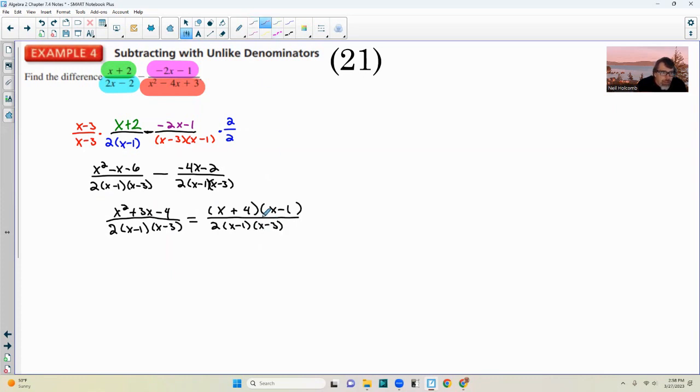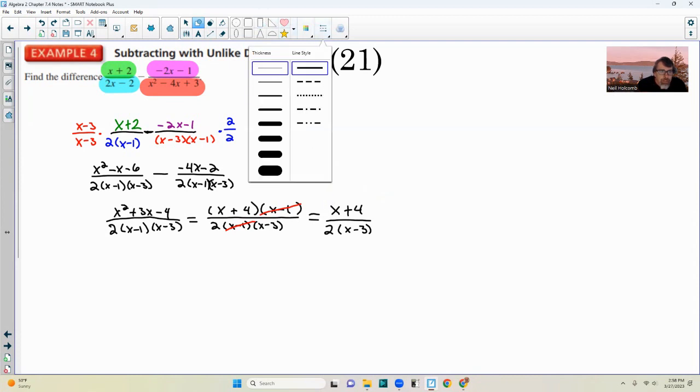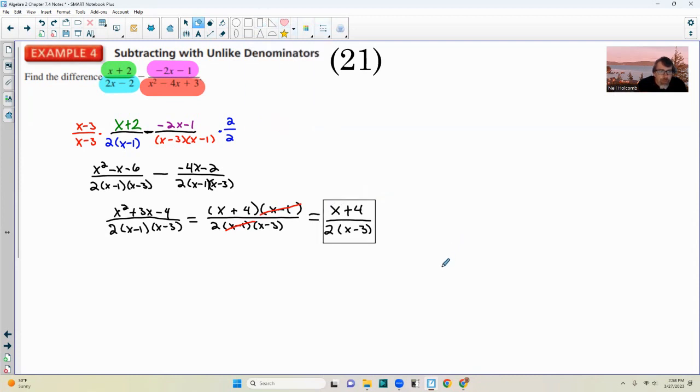Now you can see that this is all multiplication, and that's when you can reduce by canceling. x minus 1 divided by x minus 1 cancels, and we end up with x plus 4 over 2 times x minus 3. And this is the simplified difference of those two polynomials.